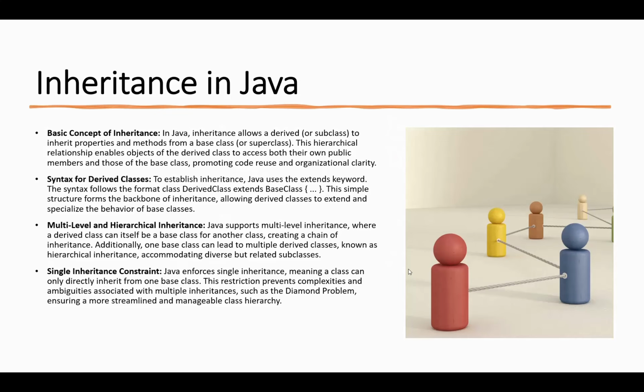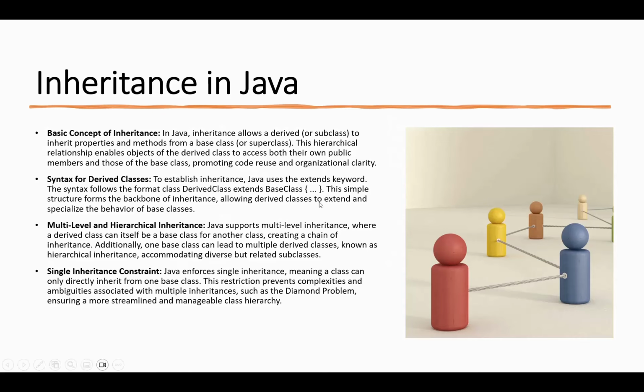This concept is fundamental because it enables hierarchical classifications. An object of a derived class has access to its own public members as well as the public members of its base class. This design promotes code reuse and a logical structure within the program.